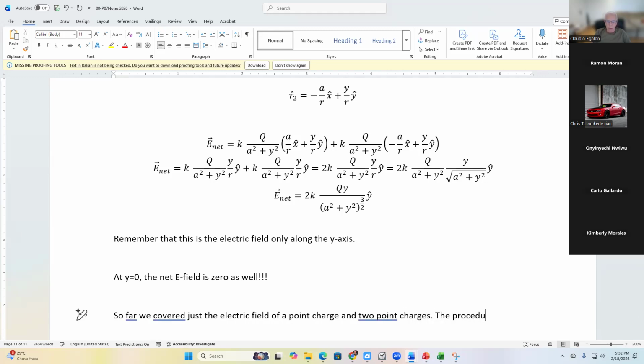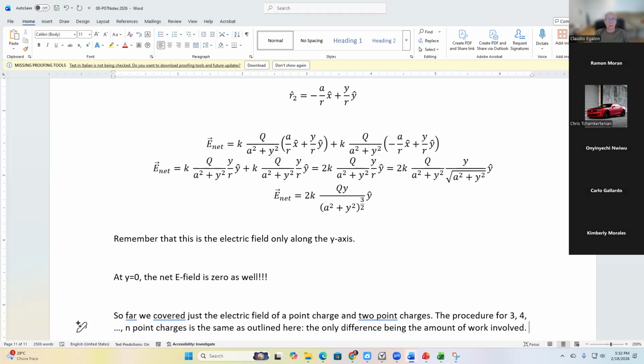The procedure for 3, 4, n point charges is the same as outlined here. The only difference is the amount of work involved.